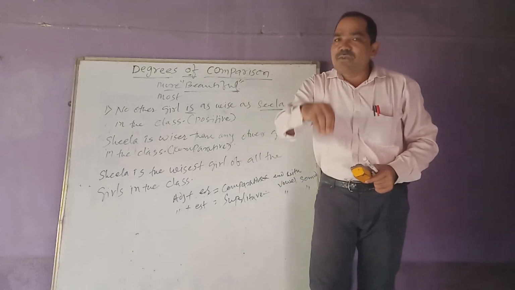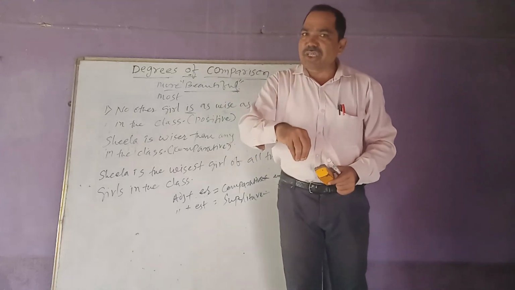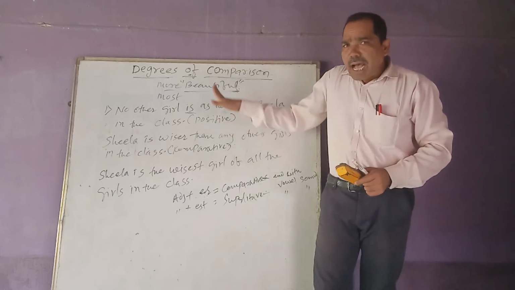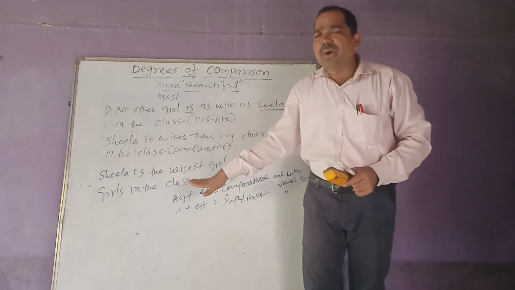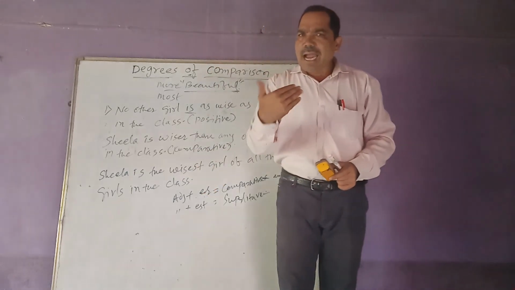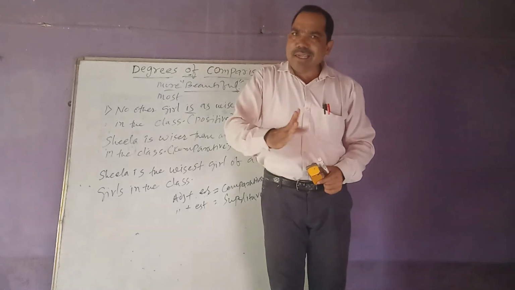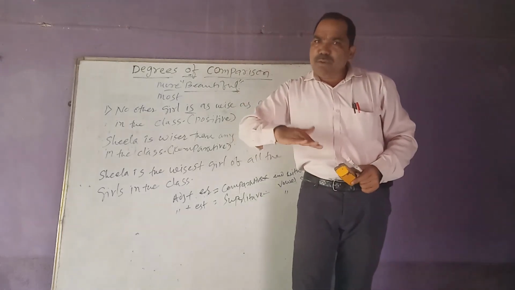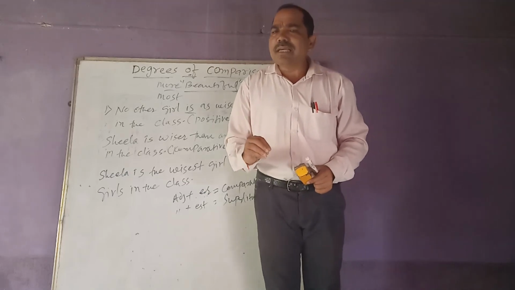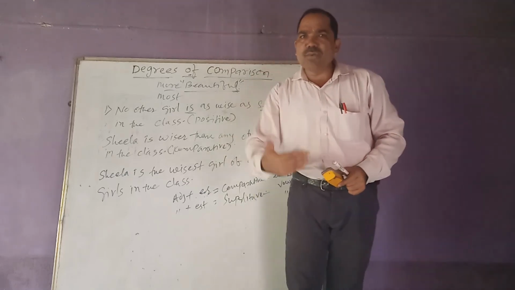So these are the ways one has to understand in the degrees of comparison. In the next video, I will give the chart of how adjectives take er and est, and more and most, and we will discuss it in detail.